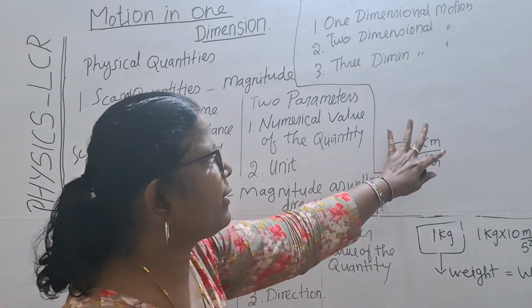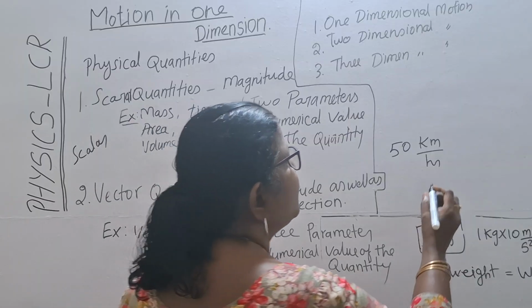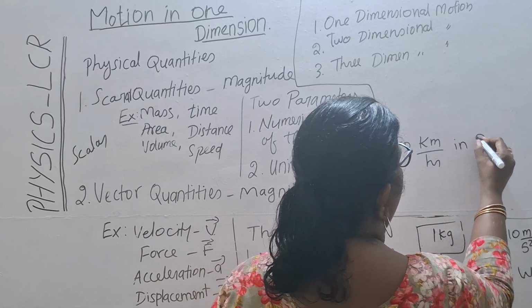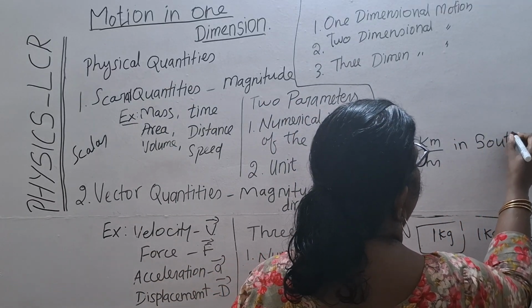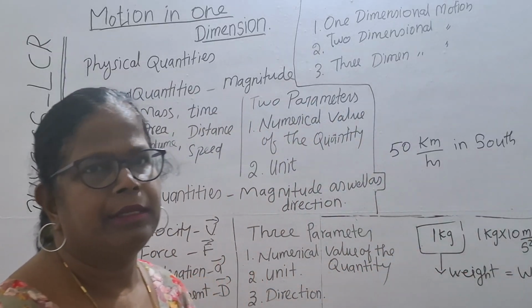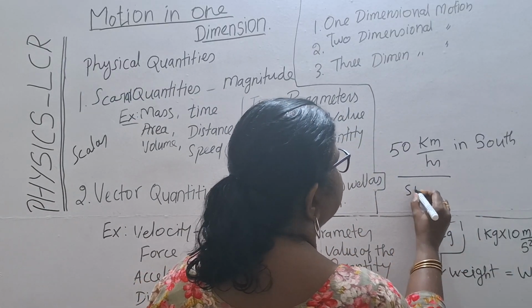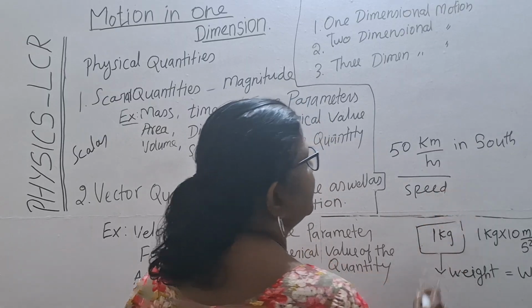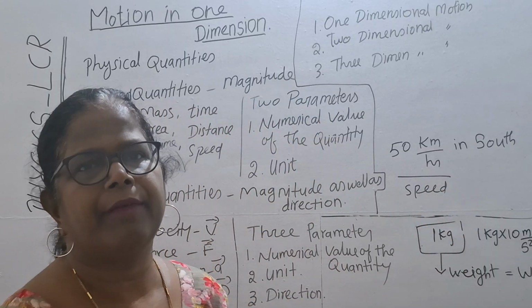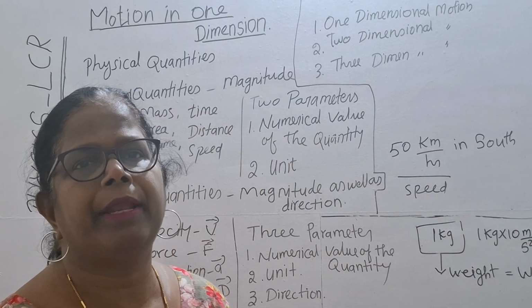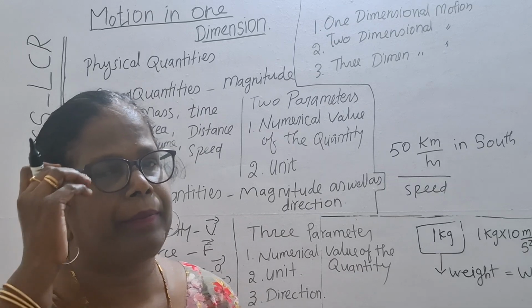So this is a magnitude, magnitude along with direction. Even so, we can say this is speed. 50 kilometer per hour, 100 kilometer per hour, 200 kilometer per hour.